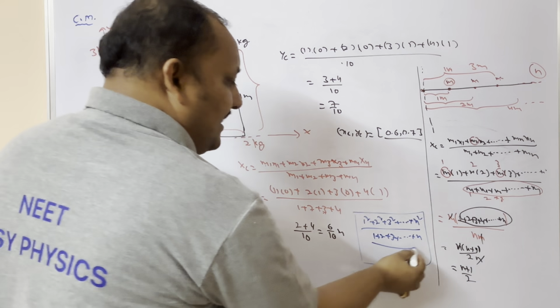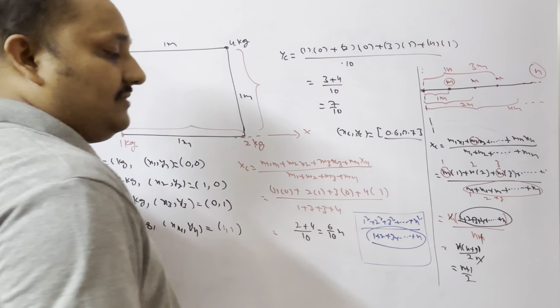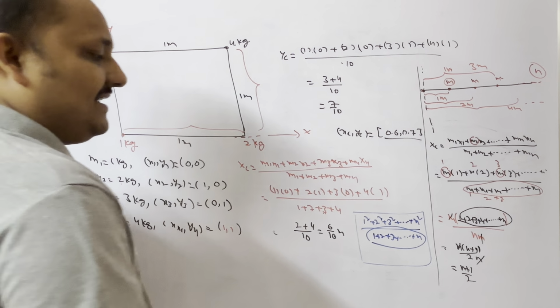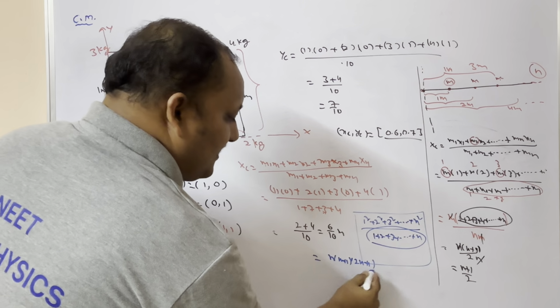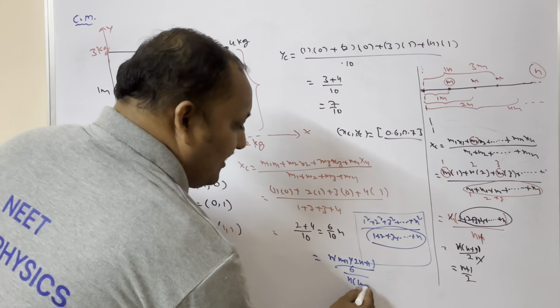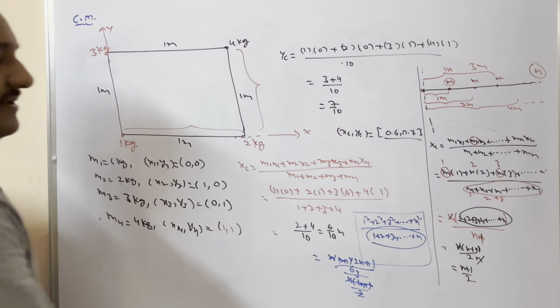So again the sum of first n natural numbers is n into n plus 1 by 2, and the sum of squares is n into n plus 1 into 2n plus 1 by 6. So n into n plus 1 into 2n plus 1 by 6 divided by n into n plus 1 by 2. So this will be cancelled, 3 times, 2n plus 1 by 3.